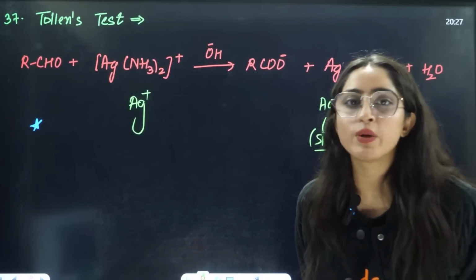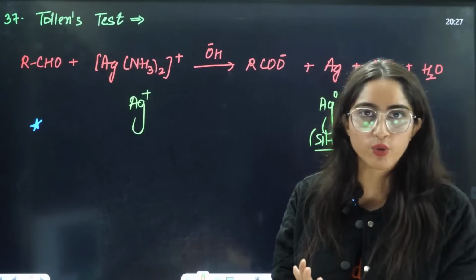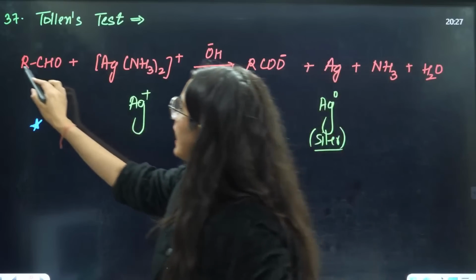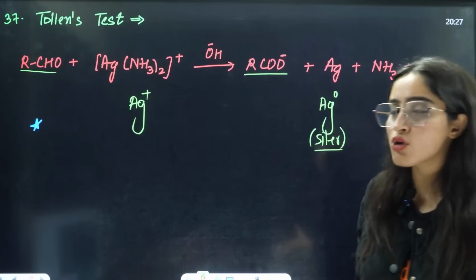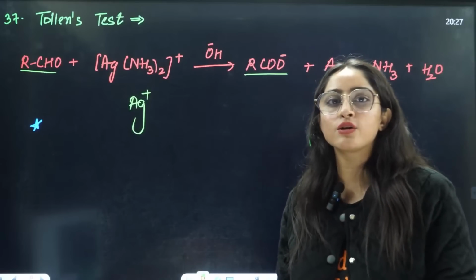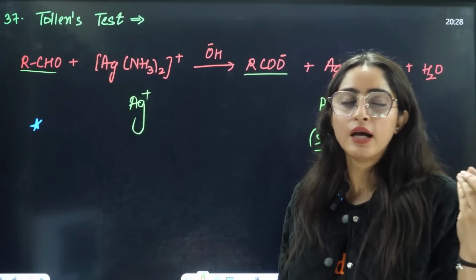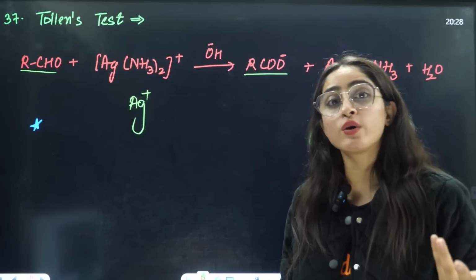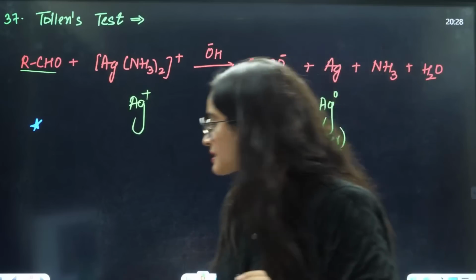Ketones will not give the Tollens test. This is a distinguishing test of aldehydes and ketones, right? So here this aldehyde is oxidized to carboxylic acid. This is also the preparation of carboxylic acid, you can say. This is also the oxidation of aldehydes, and this also is the distinguishing test of aldehydes from the ketones, right?